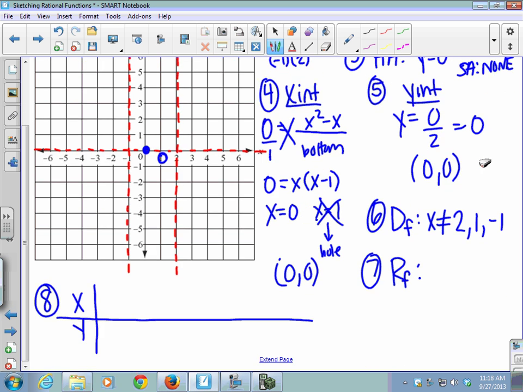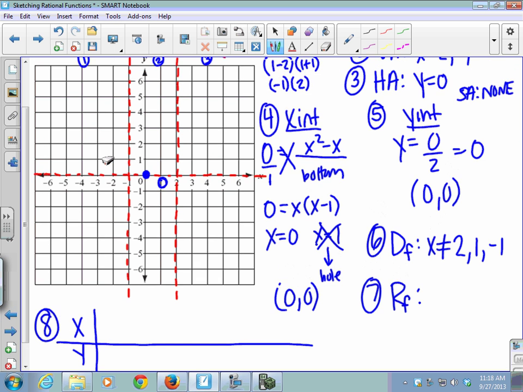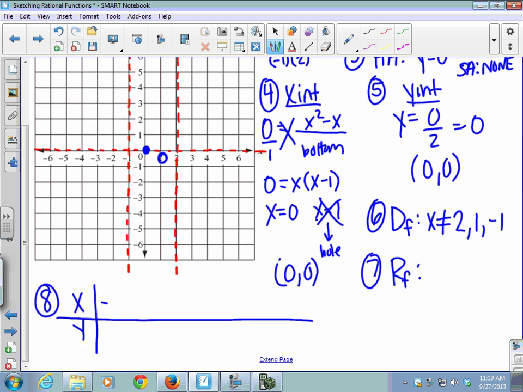Alright, so I'm going to pick the points that I want to find. So x and y are here, and for the 3 points that I want to find in this first section, I'm just going to say are -6, -4, and -2.